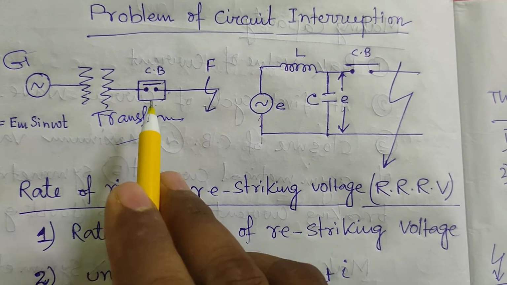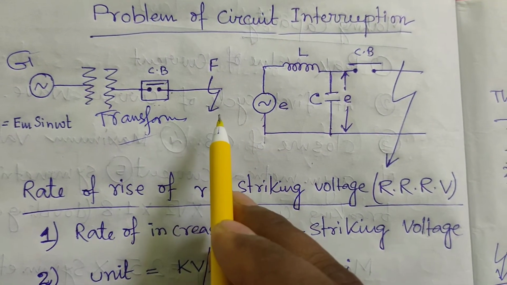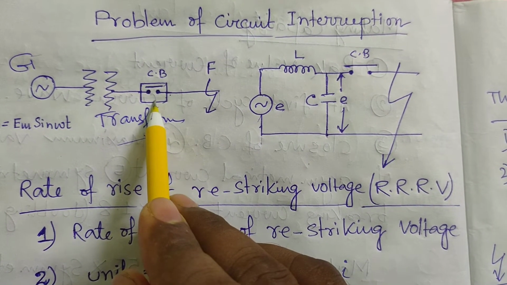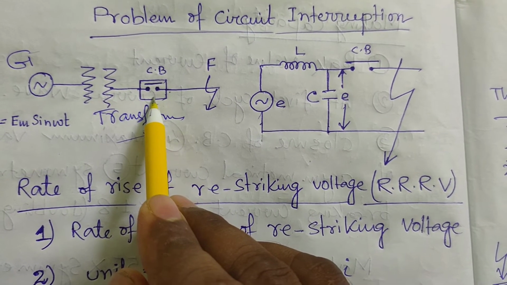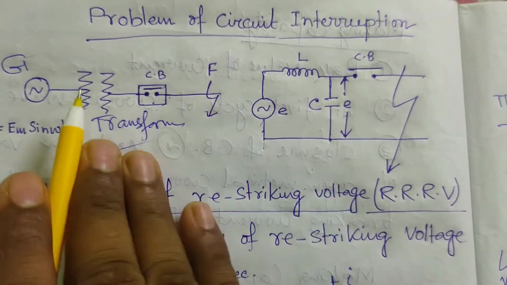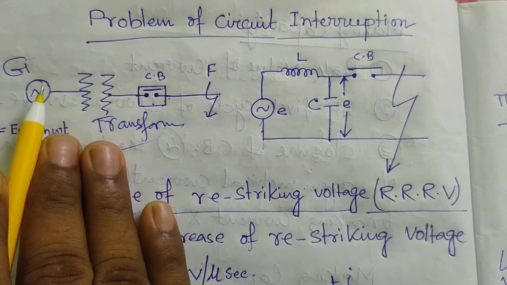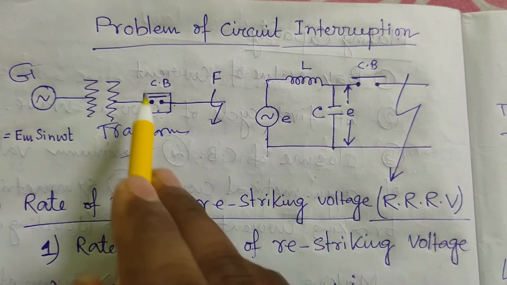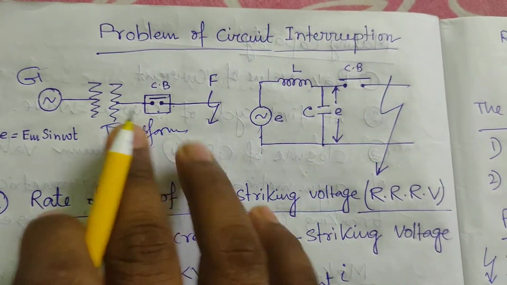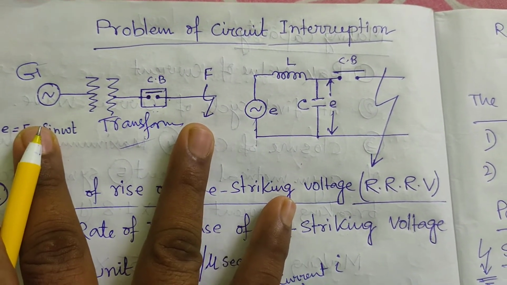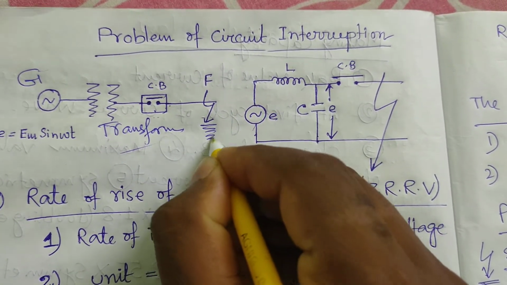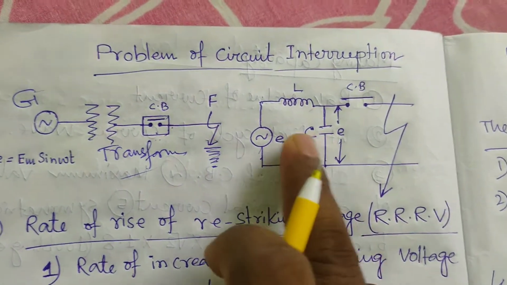If a fault happens here, the circuit breaker will operate quickly and interrupt the faulty circuit from the healthy portion of the circuit, so the other healthy sections will not be damaged. This is a simplified diagram and we are drawing a fault. It may be an earth fault, it may be a phase-to-phase fault, etc.